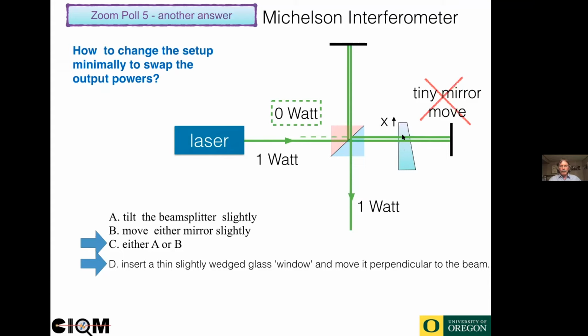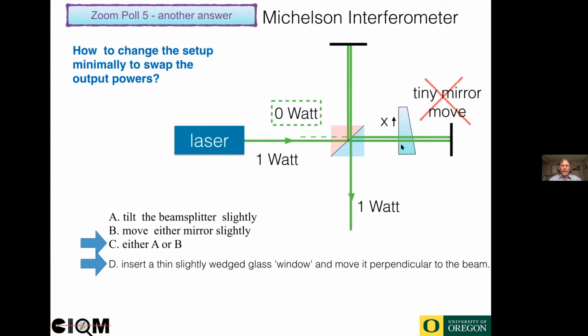I can move it to a certain position, so I get 1 watt here and 0 watts there. But then if I move it like that, I just moved that a little bit. Now the path length is different, and there's a refractive index, which is not equal to 1, so the wave accumulates a different amount of phase shift. So this is another way to do it. And in fact, Henning will use this method in the experiment.